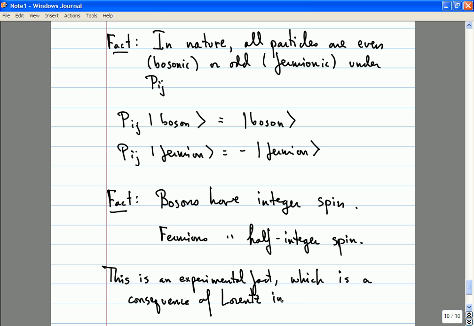And indeed, if you think of the group of Lorentz transformations, the set of all boosts and rotations, then the fact that bosons have integer spin and fermions have half-integer spin follows from the topology of the Lorentz group. Okay. So that's something that is beyond the scope of this class. It's also beyond the scope of whatever next class you would take in this subject. But it's a beautiful and interesting mathematical fact, and a mathematical fact that has profound and important consequences for nature.